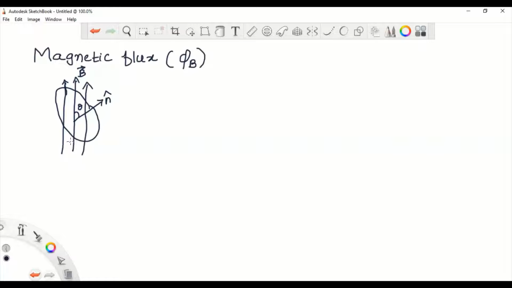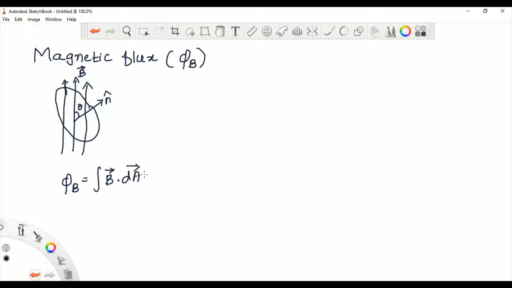So how can we represent this magnetic flux mathematically? So we can write that phi B is equal to integral B vector dot dA vector.